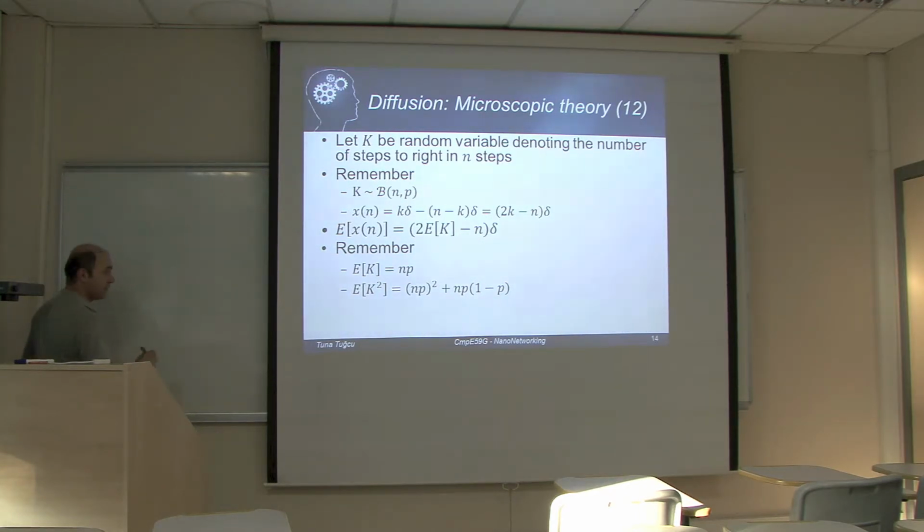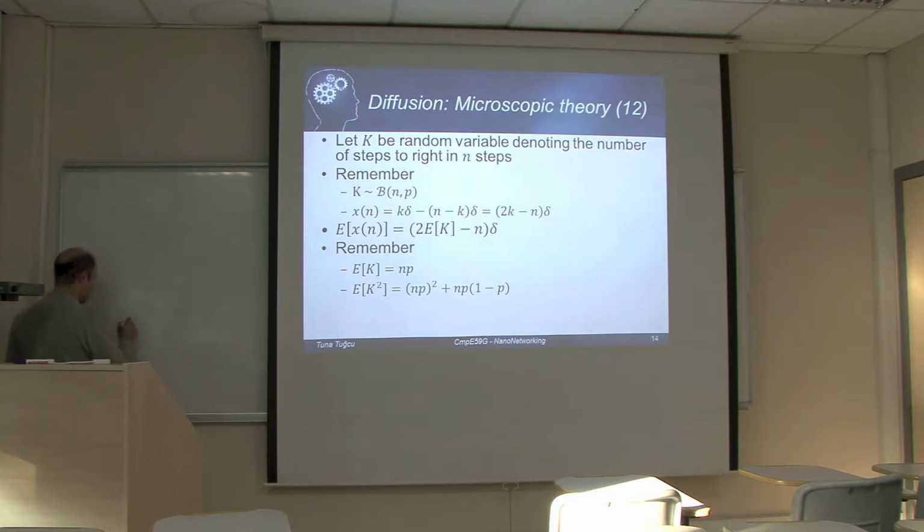Now let me plug in p equal to 1 over 2. If p is equal to 1 over 2, p squared would be 1 over 4, so the 4s would cancel. This is n squared plus n, this would be 2n, minus, again the 4s would cancel, 2n squared plus n squared.